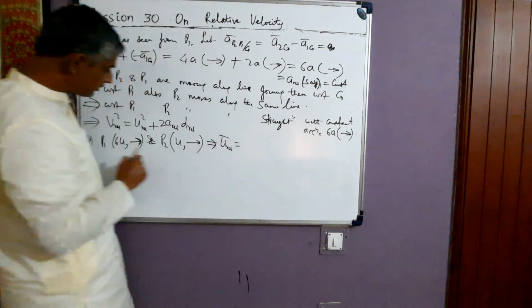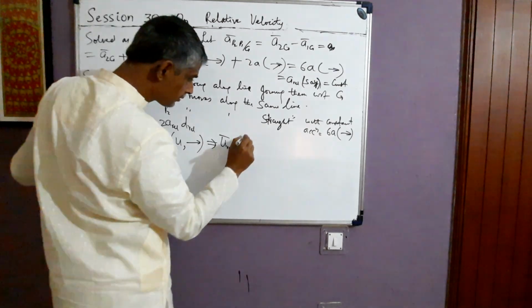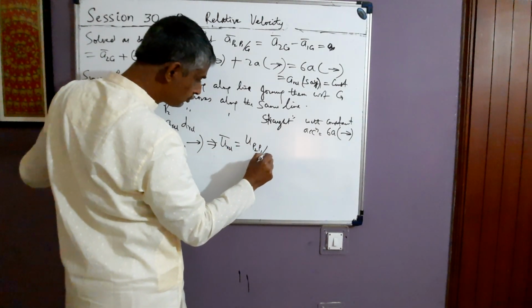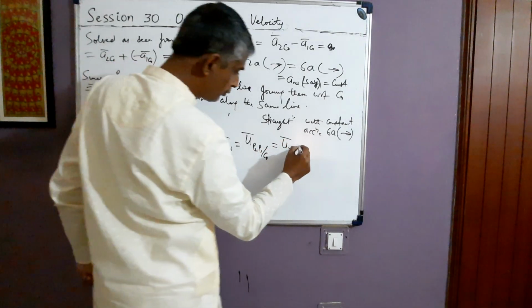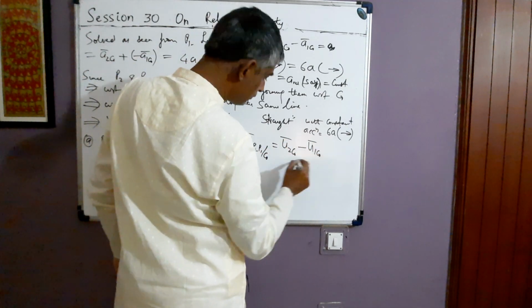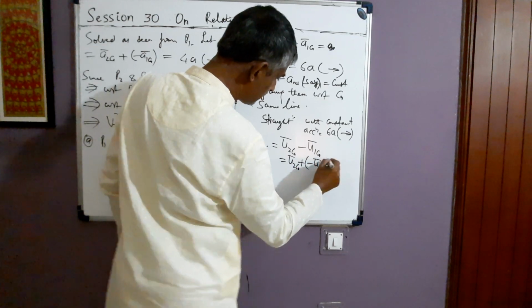U relative is the initial relative velocity of P2 with respect to P1 in ground frame. That will be written as u P2 P1 slash g. That is from the theory of relative velocity between 2 points. It is u2g minus u1g, that is equal to u2g and reverse of u1g.